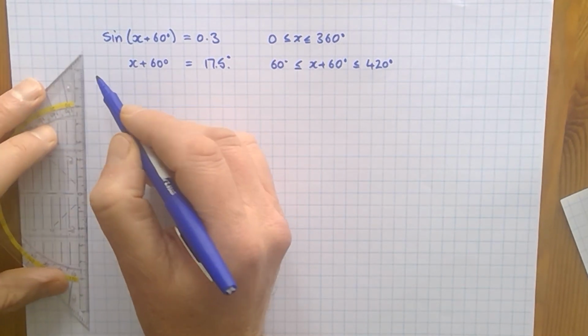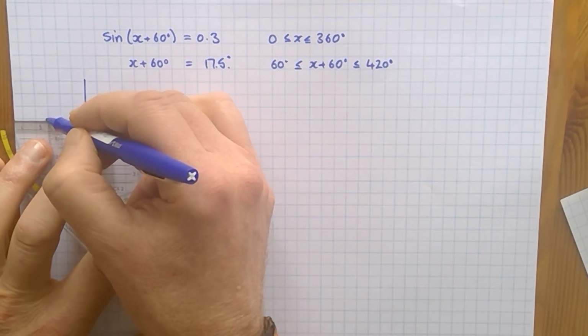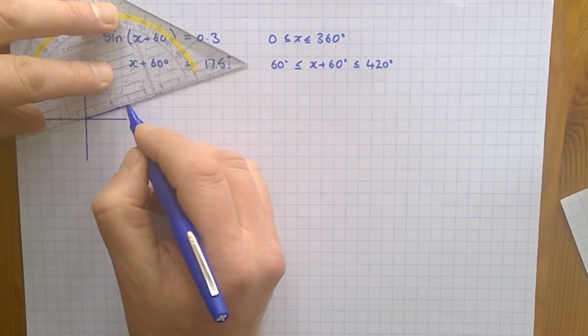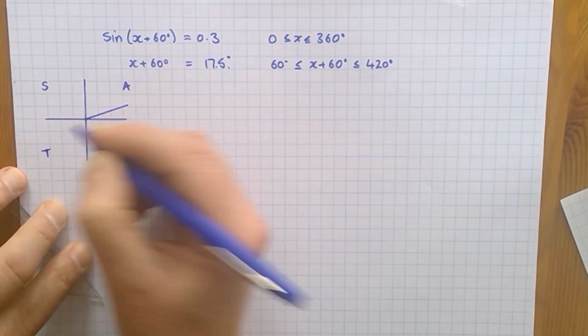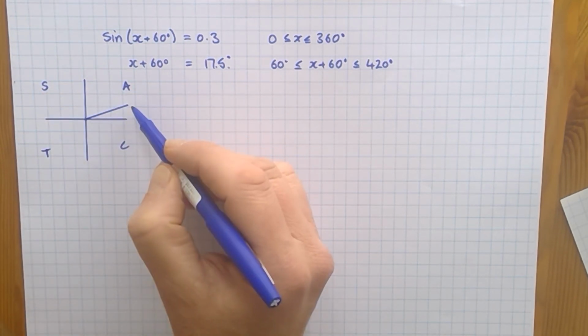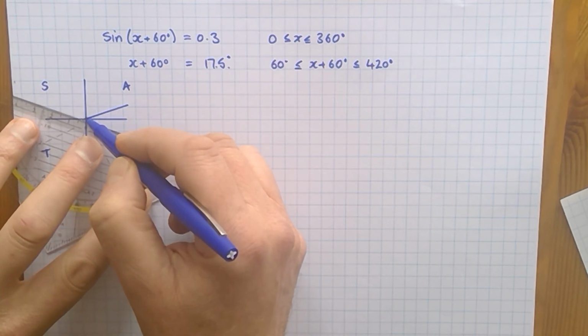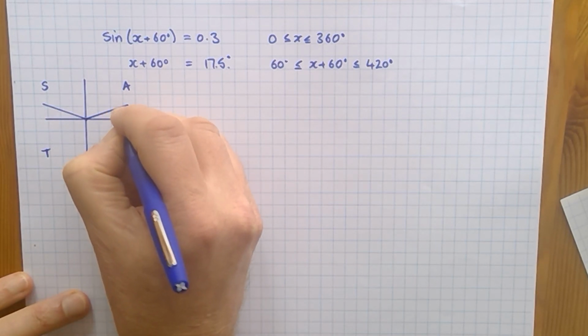So let's do a CAST diagram. 17.5 is going to be something like that. C-A-S-T. It's positive here. Sine is also positive over here. Remember, sine reflects in the y-axis. This is 17.5.